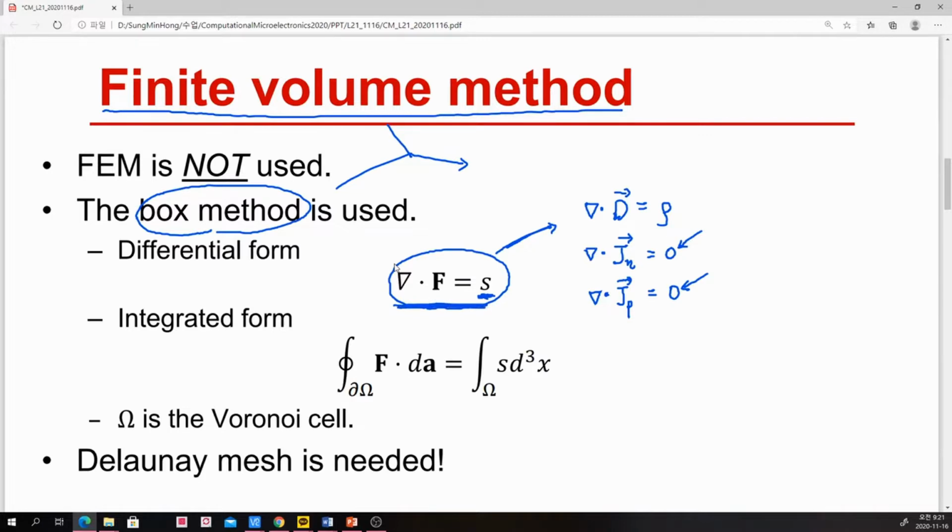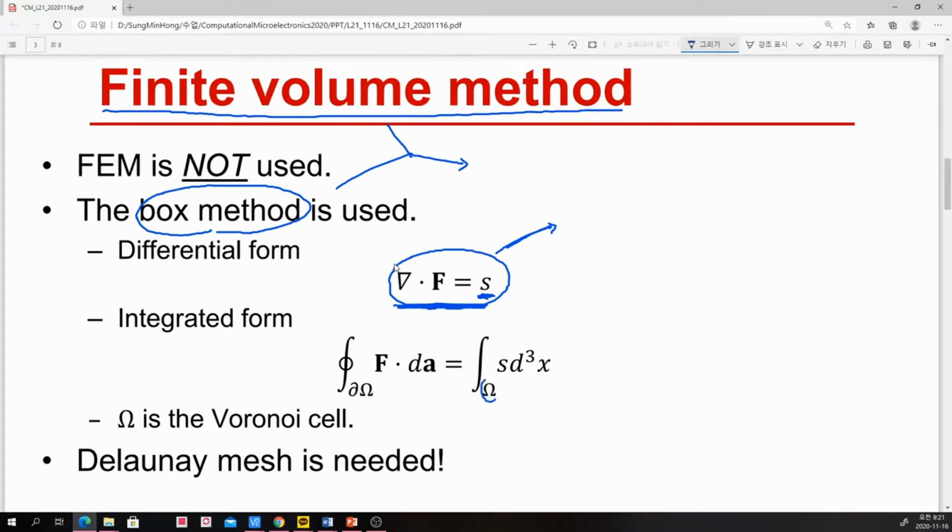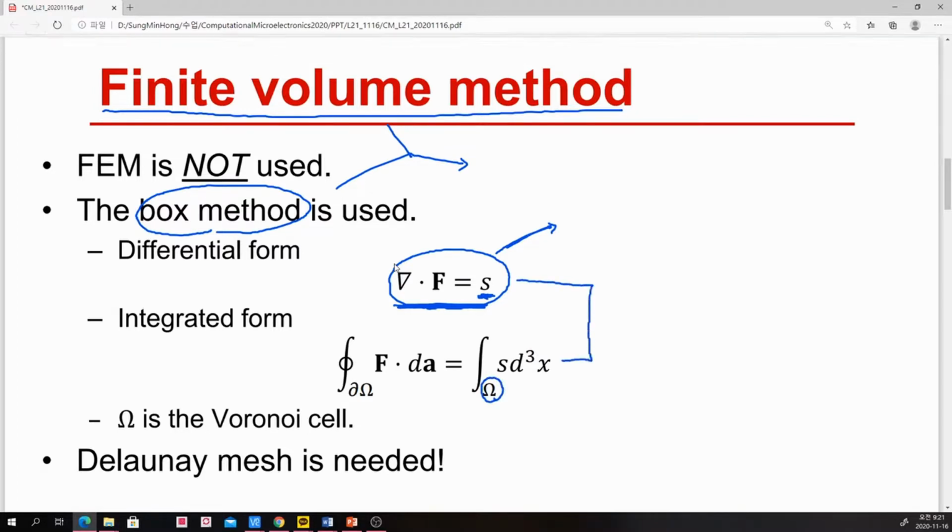This is the original differential form, and when we integrate it over a certain small box, written as omega, the right hand side is just integrated over a small finite volume. Quite easy. What happens to the left hand side?